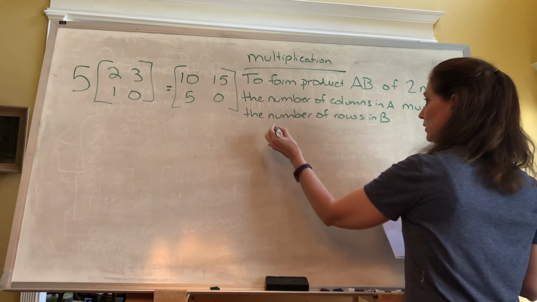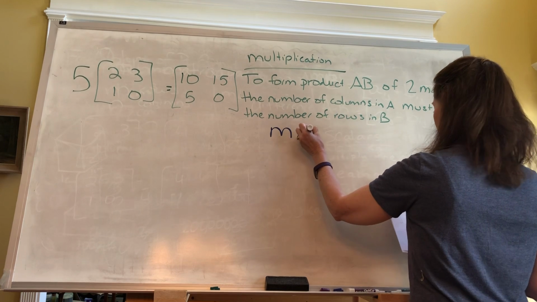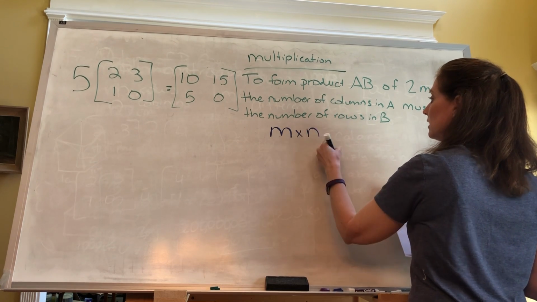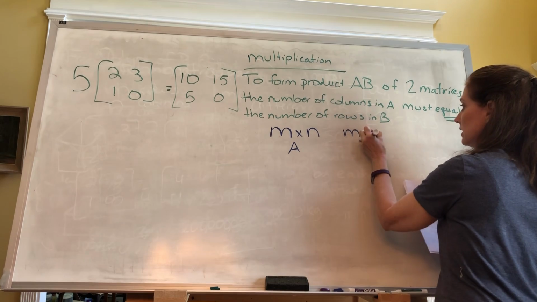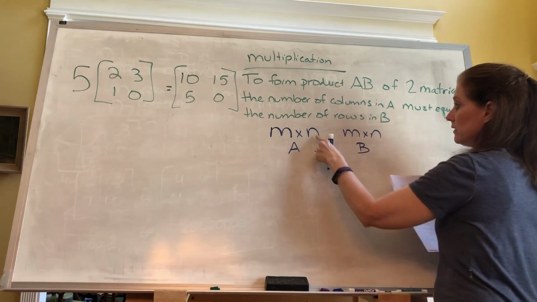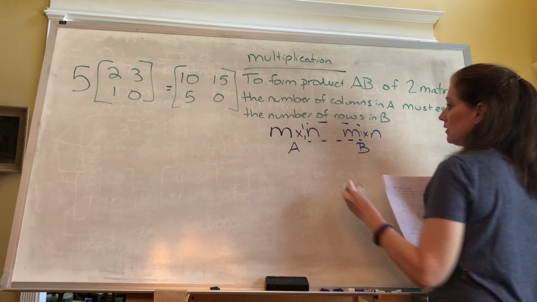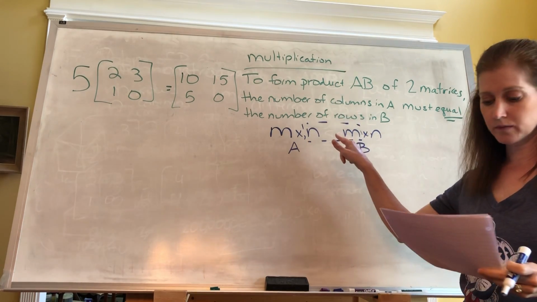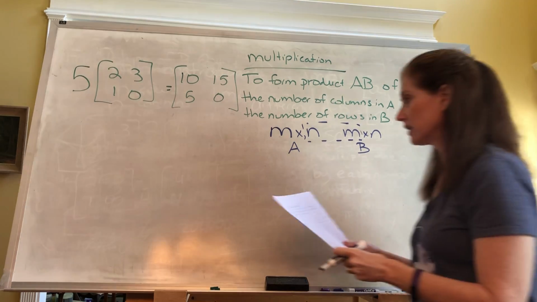So if we have M times N of A and M times N of B, this N and this M, those two terms must be equal. If they're not equal, you cannot multiply the matrices together.